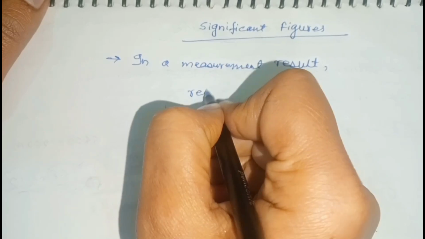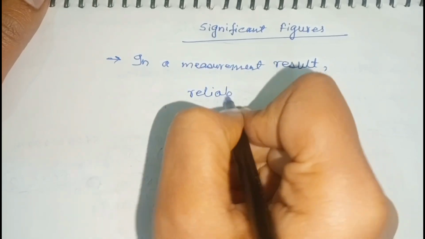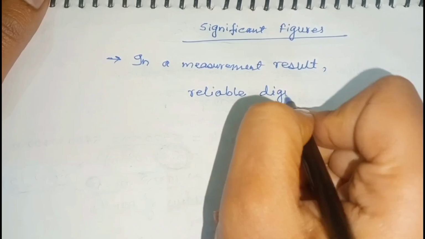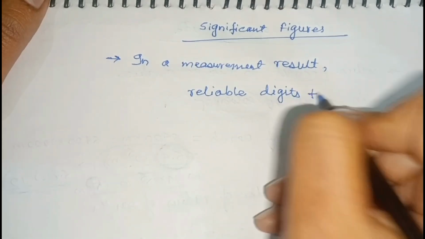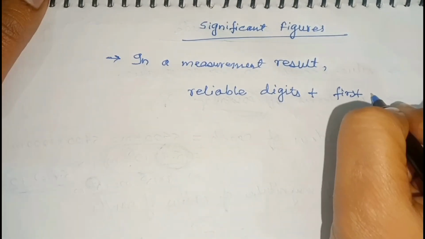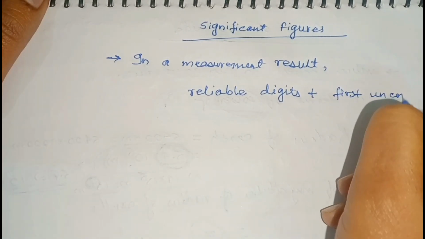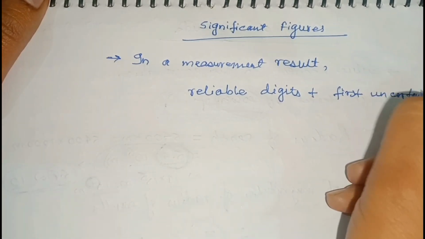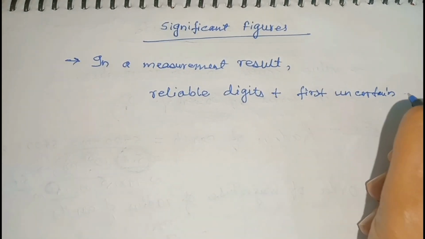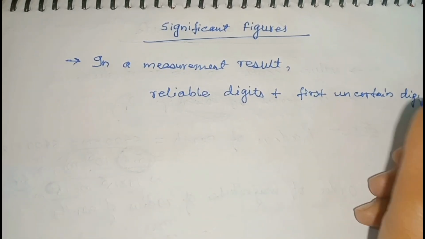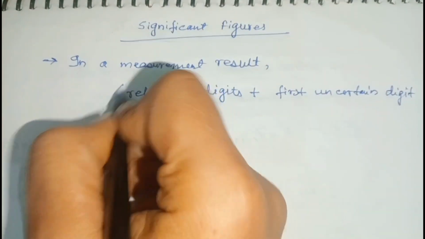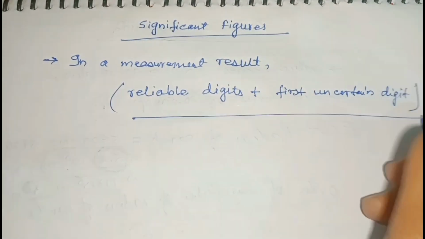Reliable digits plus the first uncertain digit. This is a significant figure.